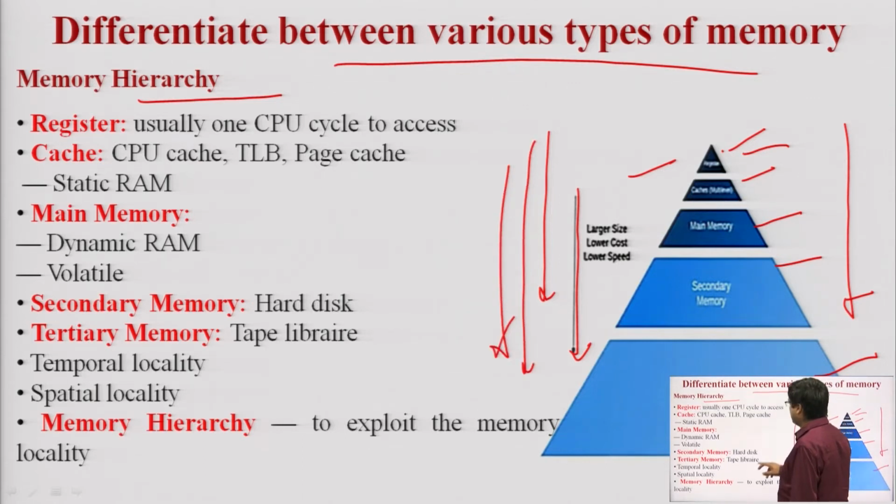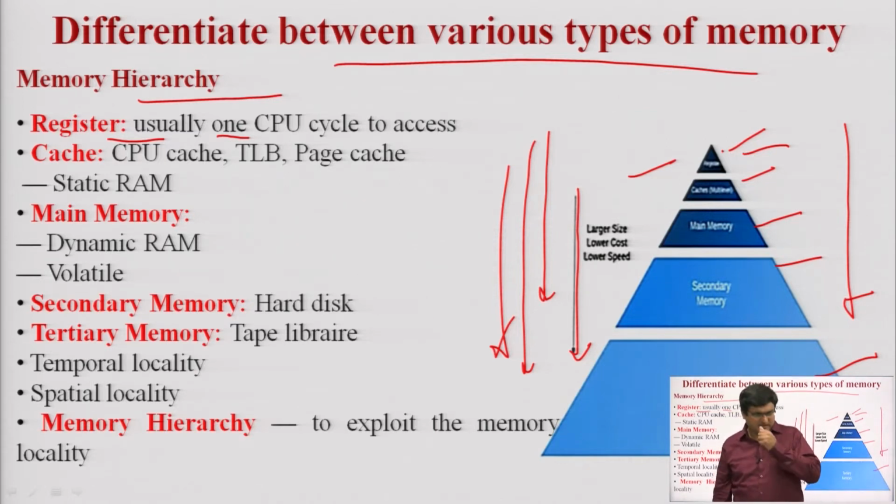Okay. So, in the memory hierarchy we have registers. What is the meaning of registers? We will see first. Registers are basically used to store information on a permanent or temporary basis.